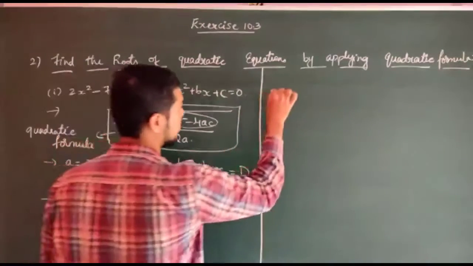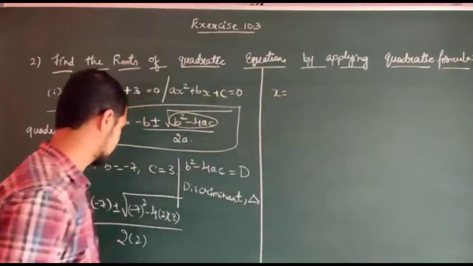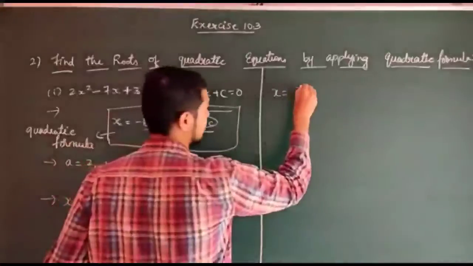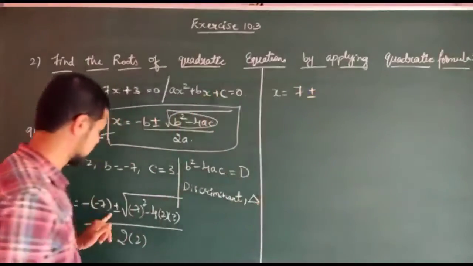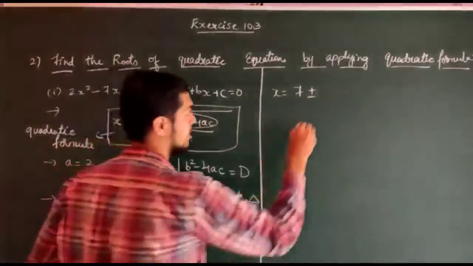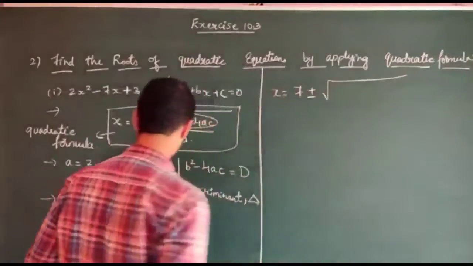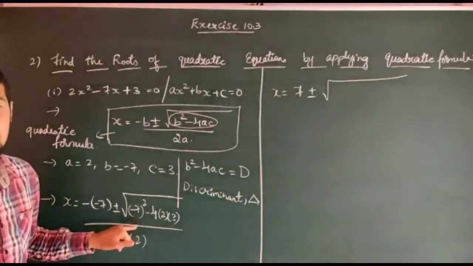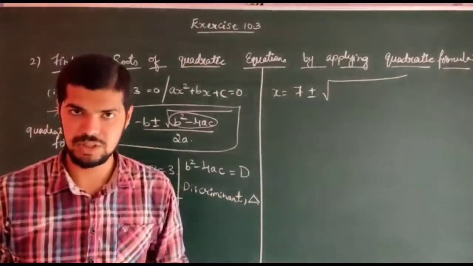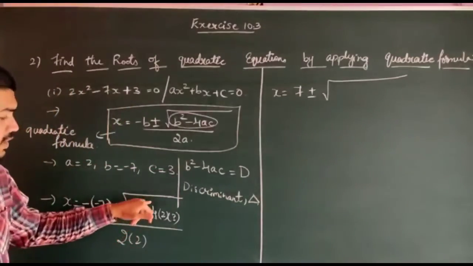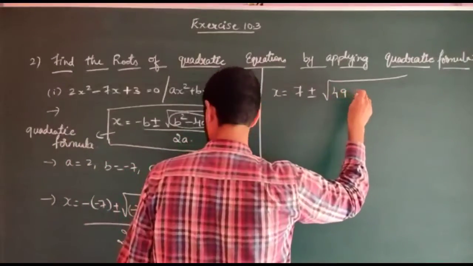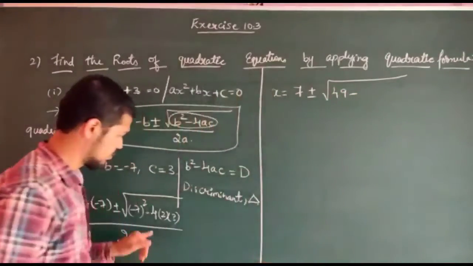So x is equal to, minus into minus is plus. So I will write it as plus 7 plus or minus, then root of, what is 7 square? 49, right? Now if I square any negative number, I will get a positive number. So therefore minus 7 square is also plus 49, minus 4 into 2.